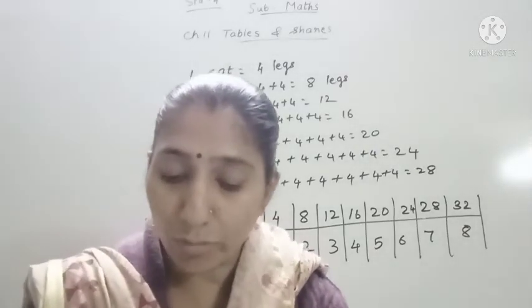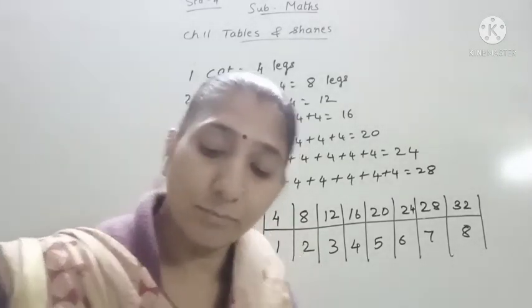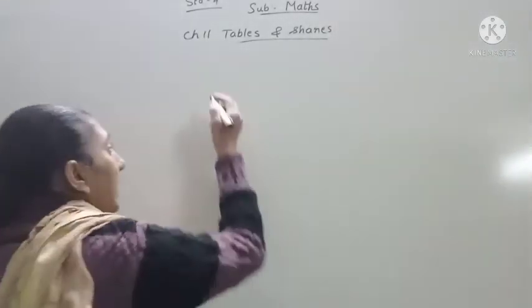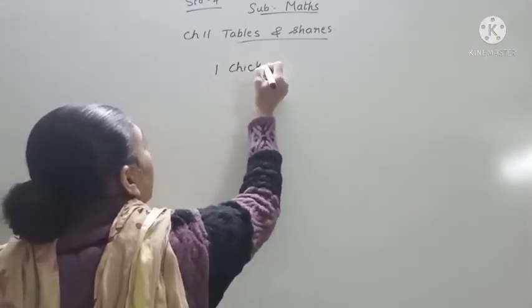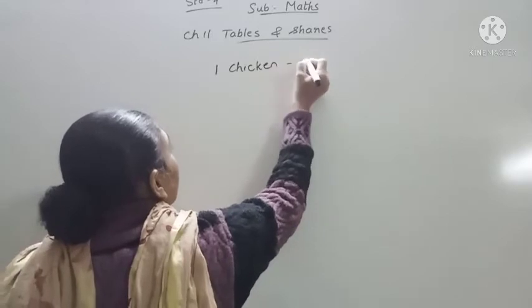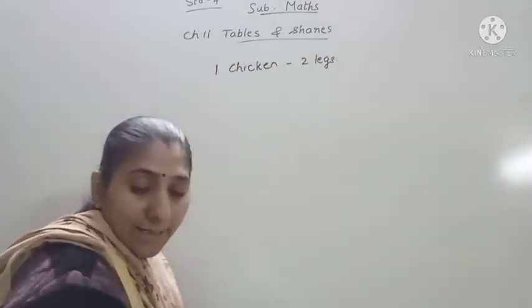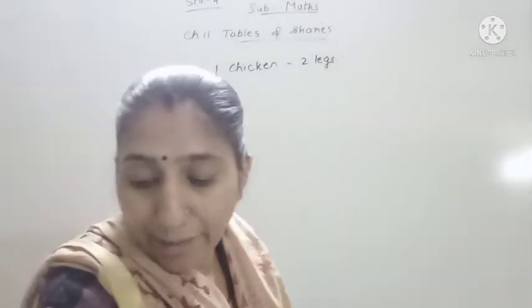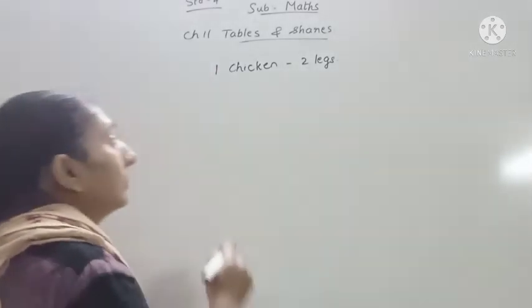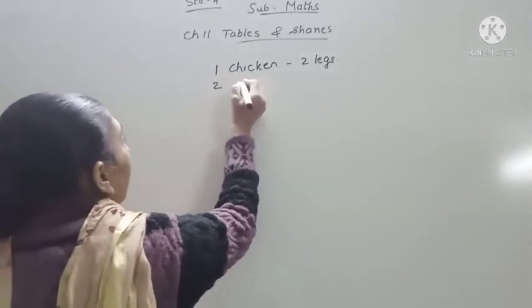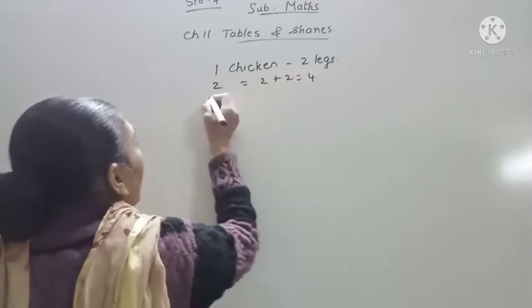So let us find out how many chickens are there in the box. So how many legs could he see? He counted how many legs in a box? 28.